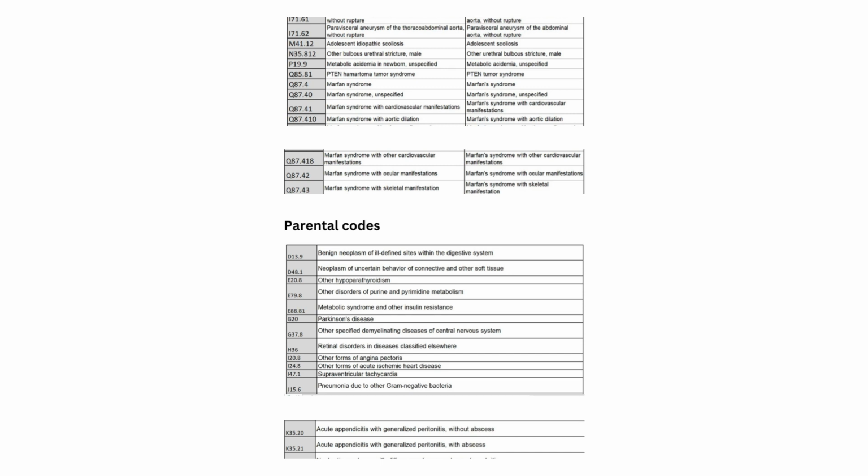Converted to parent code. We have added additional character to certain codes such as those for hypothyroidism, other form of angina pectoris, Parkinson's disease, metabolic syndrome, and insulin resistance. These expansions allow for more specific coding but do not remove any existing codes.